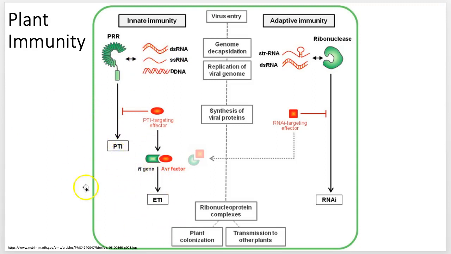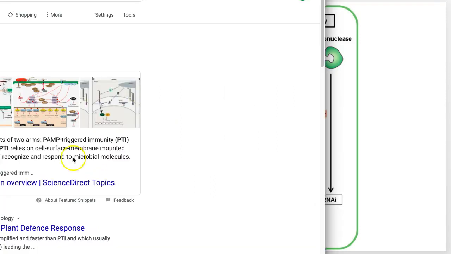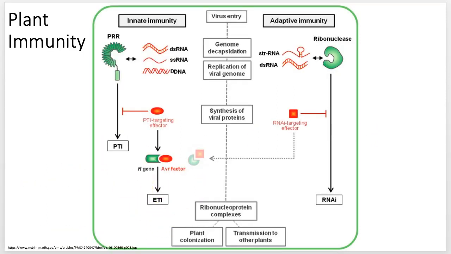one of two immune system possibilities: pattern-triggered immunity and effector-triggered immunity. Sorry, I had it pulled up. I keep forgetting ETI, it makes me think of other things, like ET. Pattern-triggered would be like something from the pathogen that looks just like that, versus effector-triggered would be something that's probably secreted by the pathogen, like a viral protein itself.